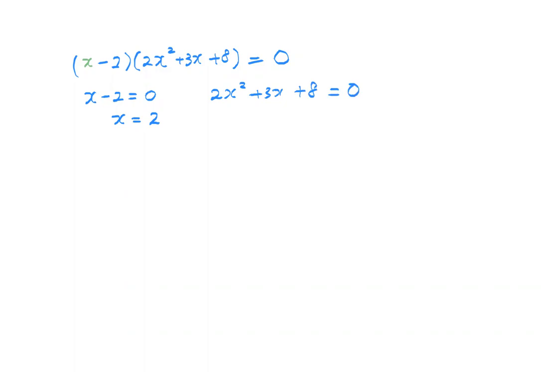Since they ask us to show that there is only one x-intercept, that means this quadratic shouldn't have any solution, am I right? So we prove by using, do you know how it's being used? b squared minus 4ac.